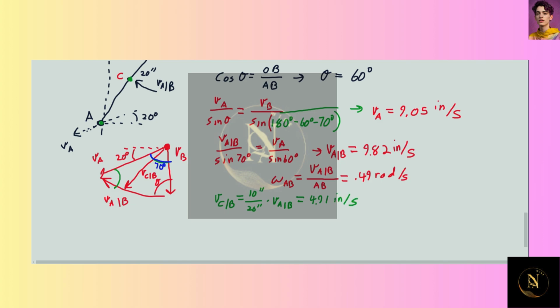We can then use the cosine rule to find the actual velocity of C. So the velocity of C should equal the square root of the velocity of B squared plus the velocity of C with respect to B squared minus 2 times the velocity of B times the velocity of C with respect to B times the cosine of that opposite angle from CB, so that theta.